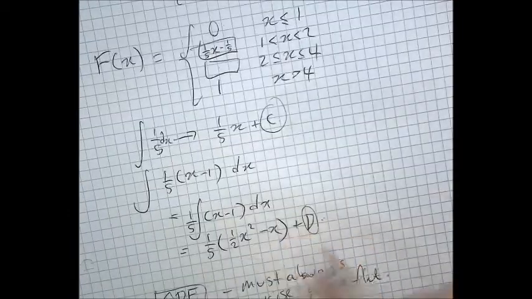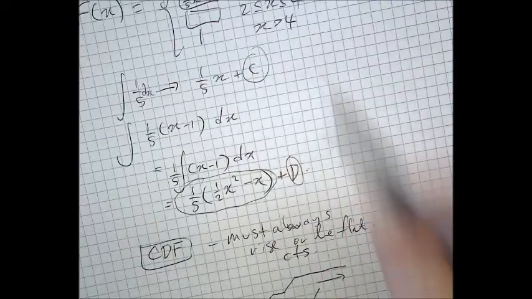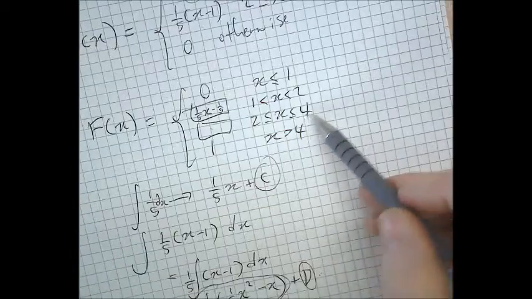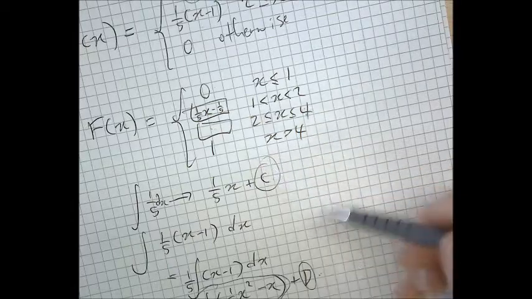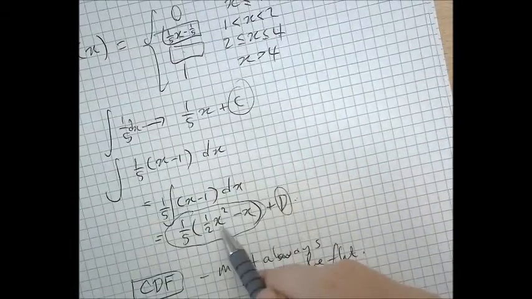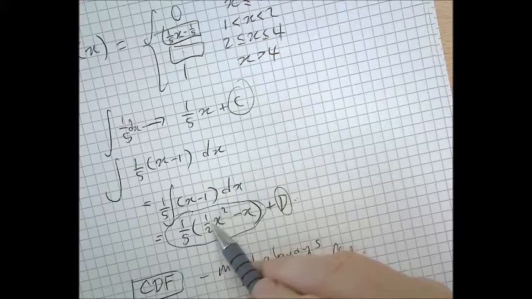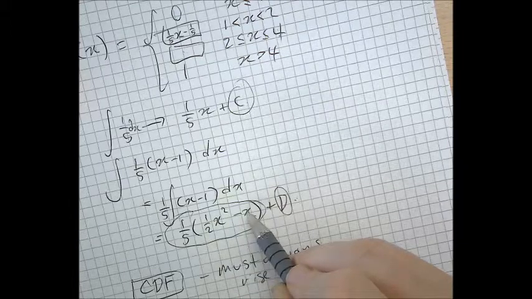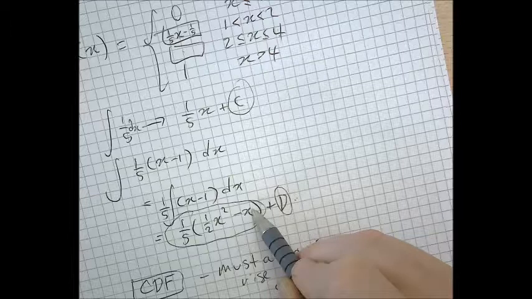Now, this algebra that I built here, when that kicks out at x equals 4, it needs to have a value of 1. So what does it currently have? That'd be 8 minus 4, which is 4 fifths.